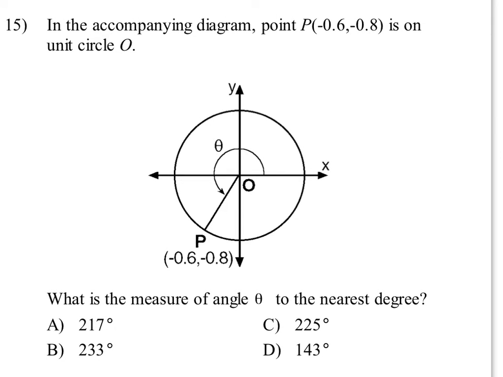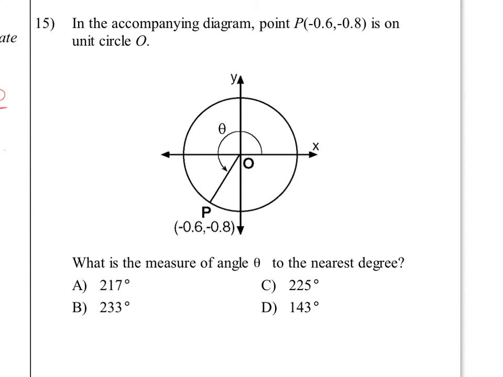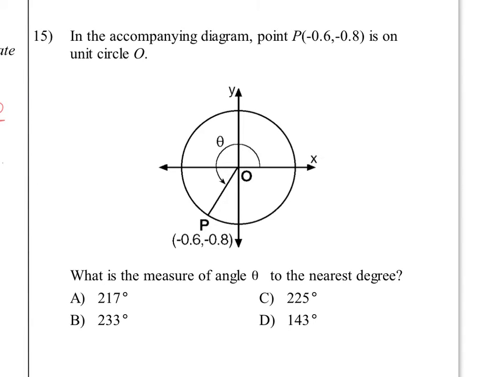All right. So in the accompanying diagram, what point is that? That's interesting. Okay, well this one, I don't know if we really went over this stuff, but you know that x is cosine and y is sine.